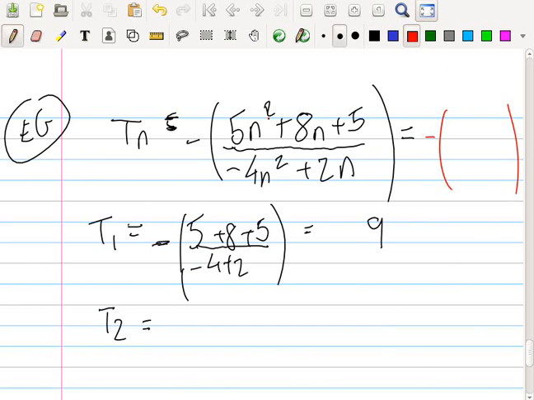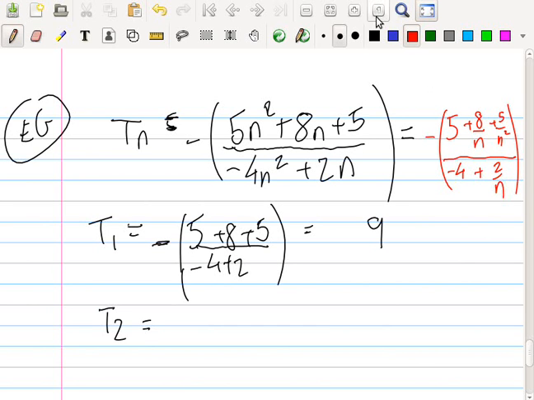So what's 5n squared divided by n squared? 5. And then 8n divided by n squared? 8 over n. And then 5 divided by n squared? 5 over n squared. And then here on the bottom? Minus 4 plus 2 over n.